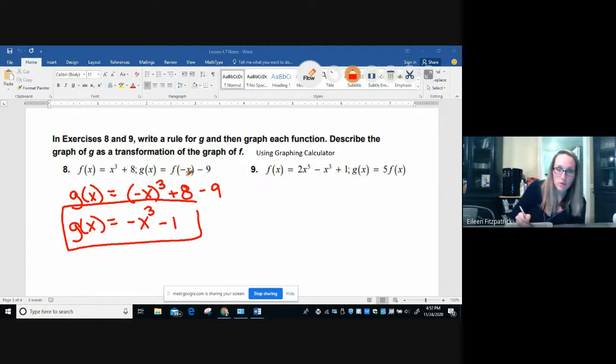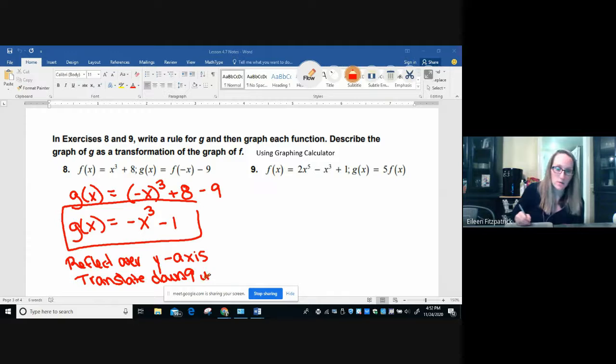Well, we already talked about it: a reflection over the y-axis, and then translate down 9 units.